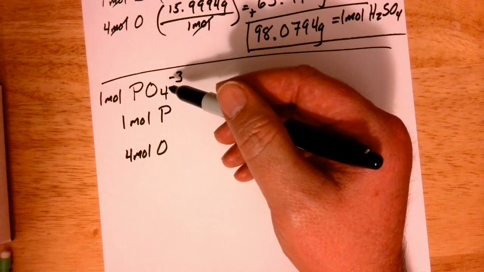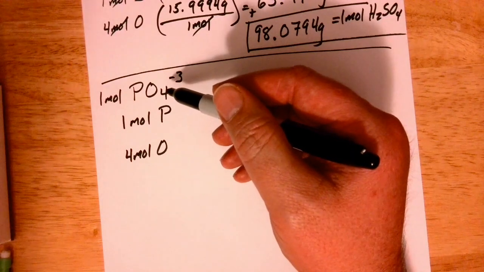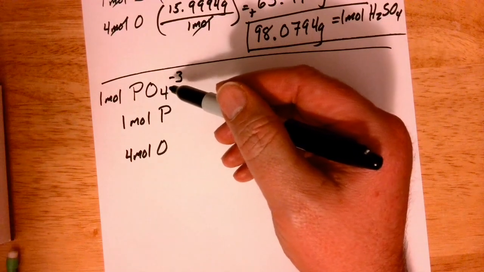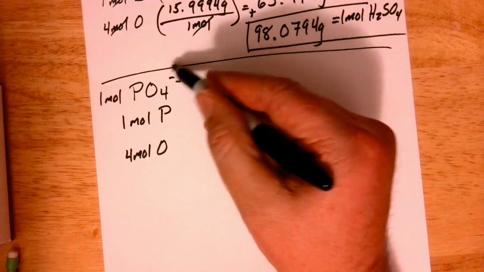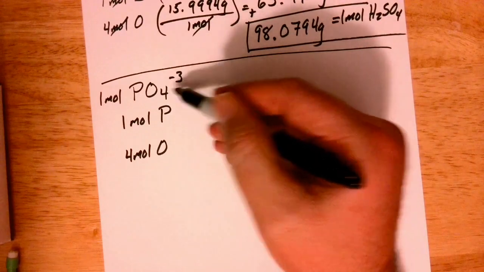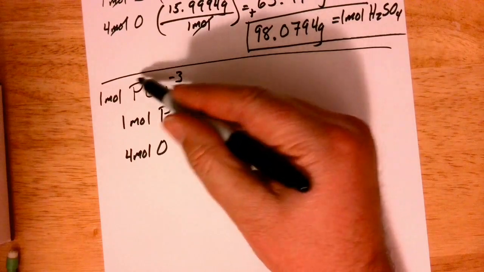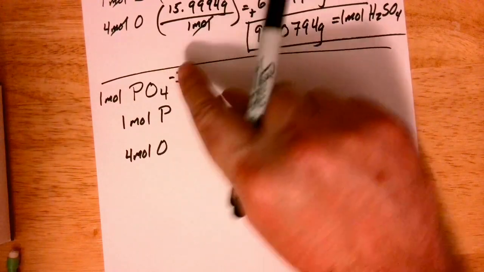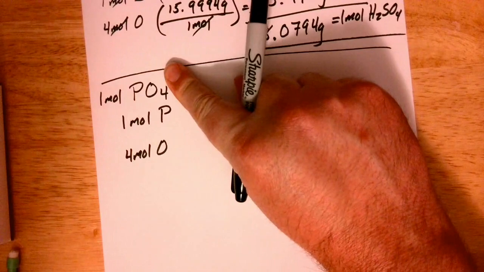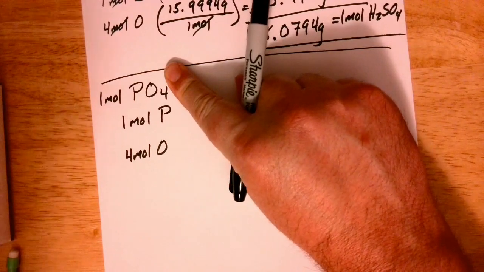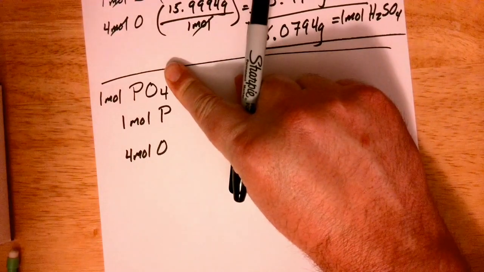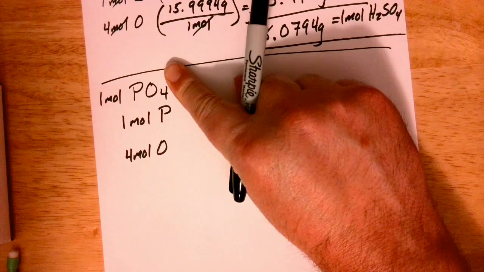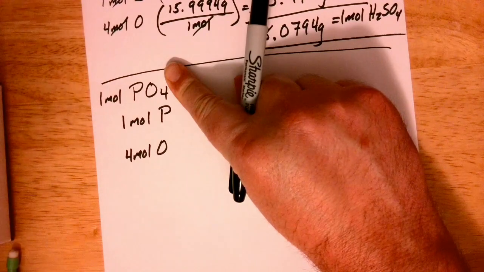Will a single dust particle greatly contribute to the mass of the entire blue whale? Not really. Same thing with this, the mass of an electron is so insignificant compared to the mass of this, it does not matter. So just ignore the charge. Go ahead and work this one out. If you have 1 mole of phosphate, what is the formula weight for phosphate, PO4 -3?